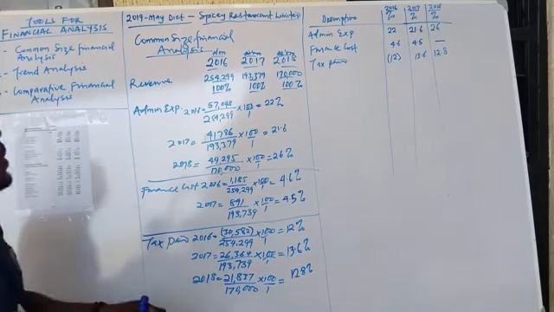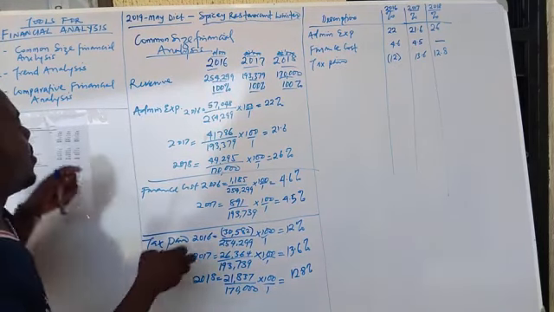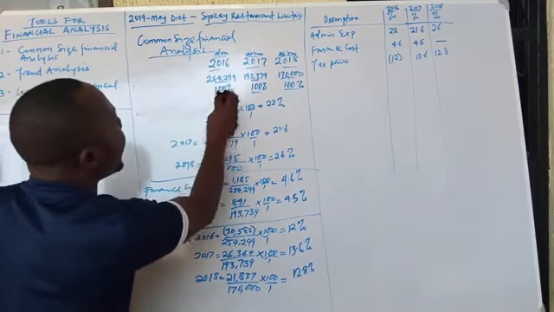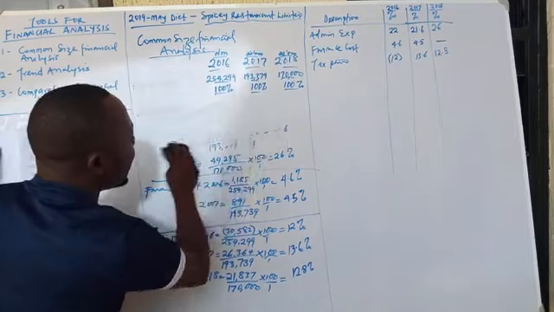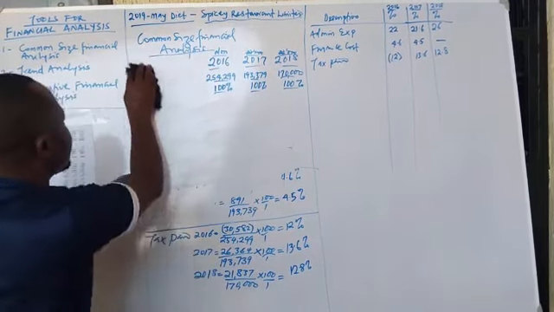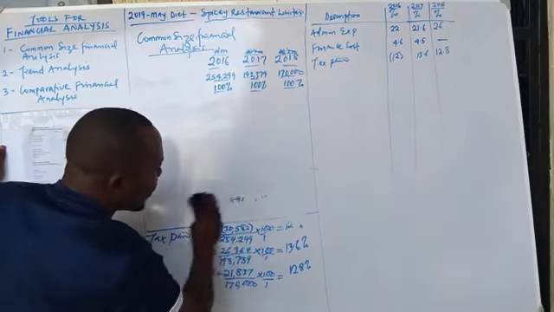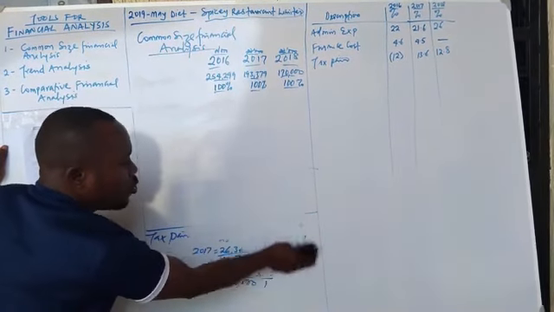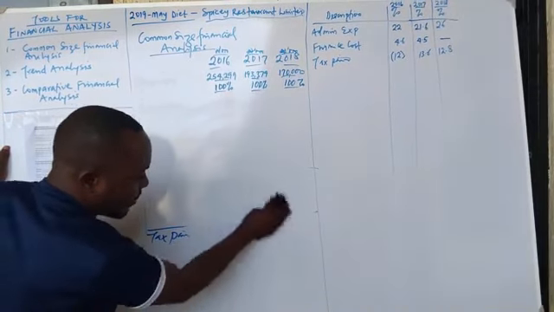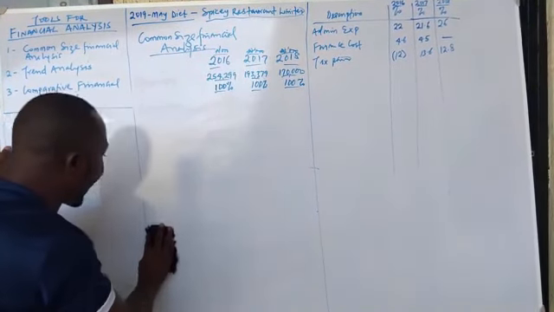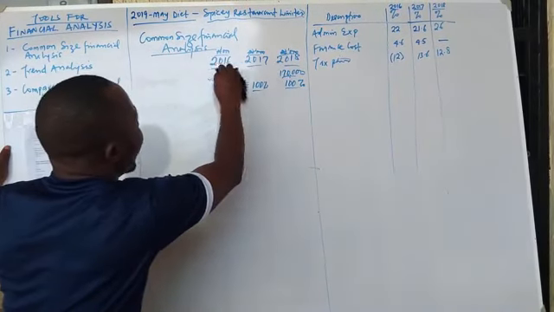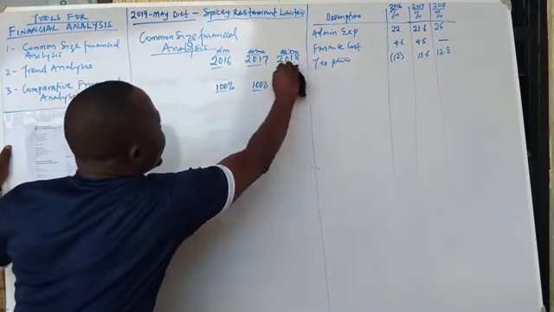Let's go to the, what's it called now? Statement of financial position. Just like the way you use total revenue here, you're going to use your total assets as your denominator, as your basis.